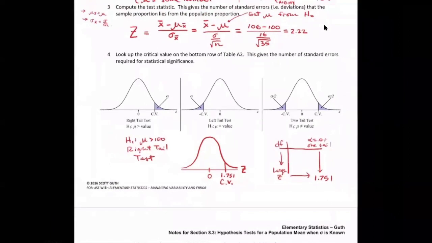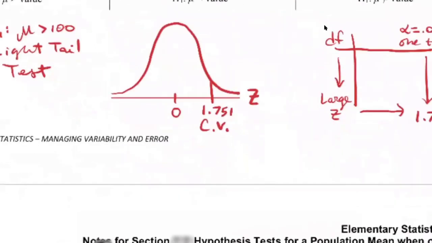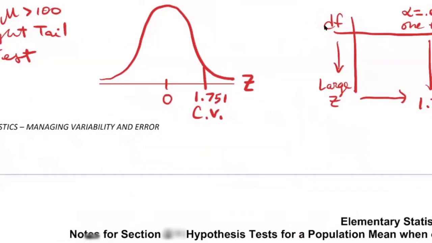Just as a reminder, for our test statistic we got 2.22 standard errors. So yes, we can call that significant. It does go out into the tail. I'll put a mark down for this.